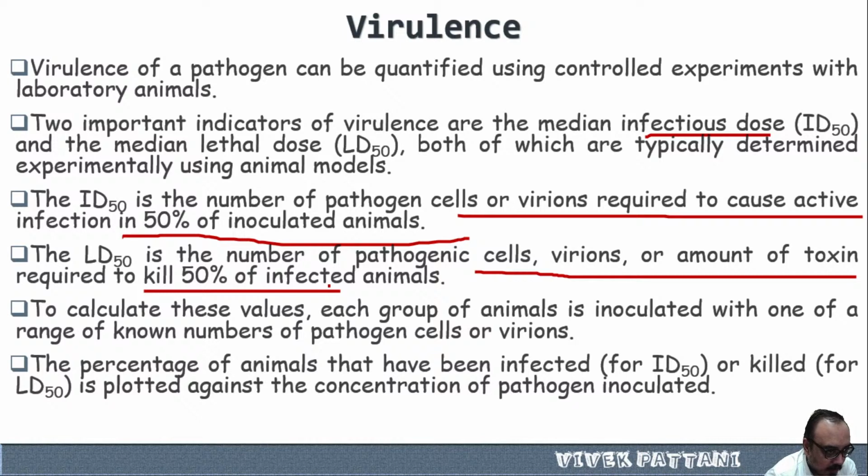So infectious dose is the ability to cause infection, whereas the LD50 is the ability to kill 50% of the infected animals. This is the basic difference between these two terms.